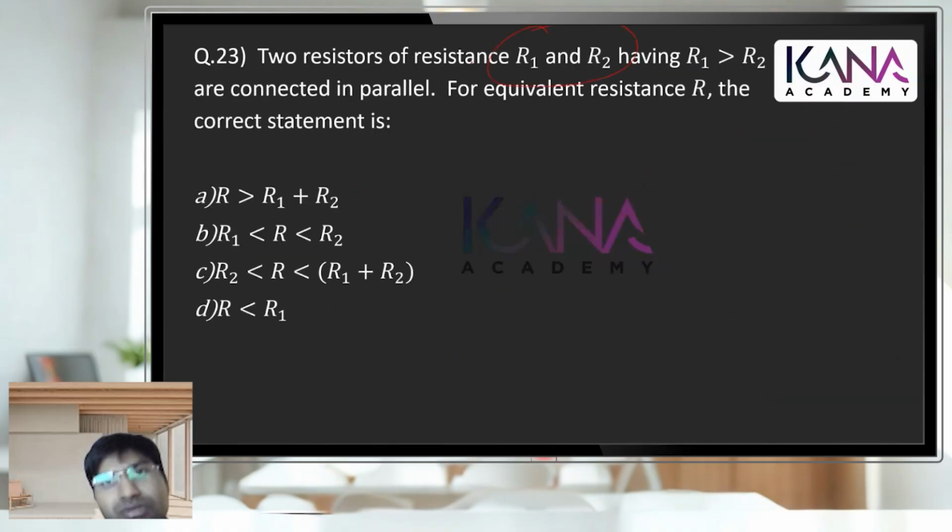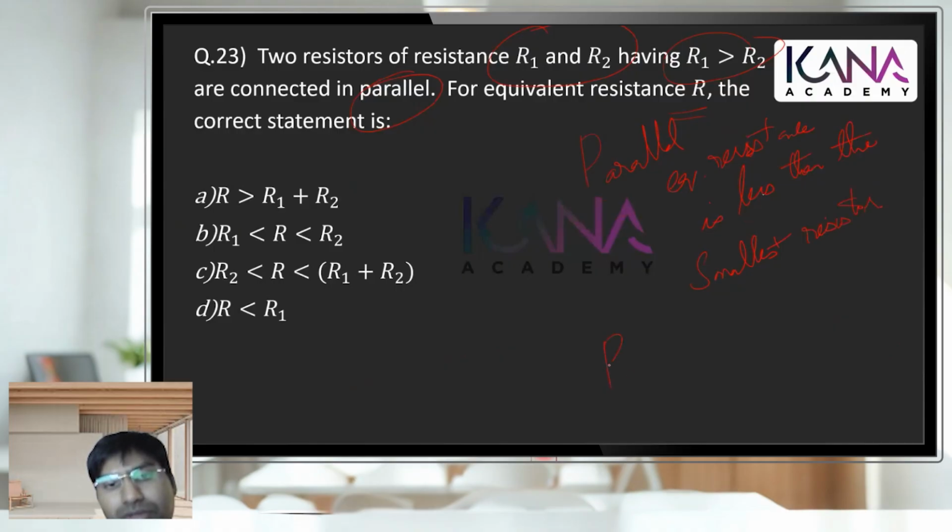The two resistors of resistance R1 and R2, with R1 greater than R2, are in parallel. What is the equivalent resistance R? Which is the correct statement? The parallel equivalent resistance is less than the smallest resistor.